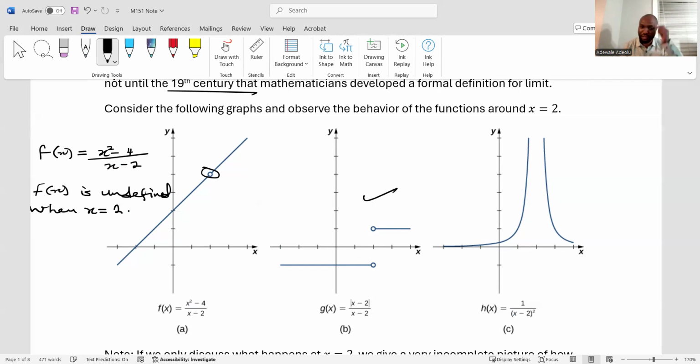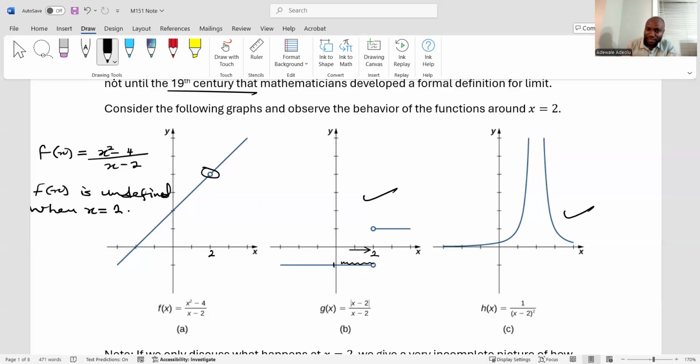The same thing with this function and the same thing with this function. So we would see in this case that as the input gets closer and closer to this point 2, the y value is trying to get to a particular value. Around this input value 2, on this side, the y value remains something around whatever the y value here is, let's say 1.